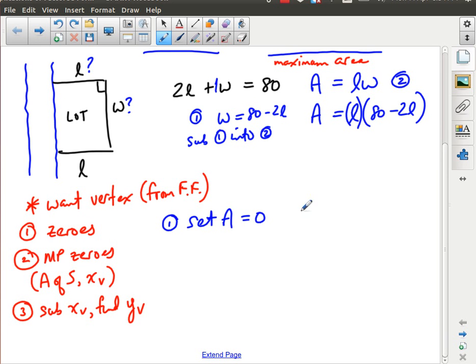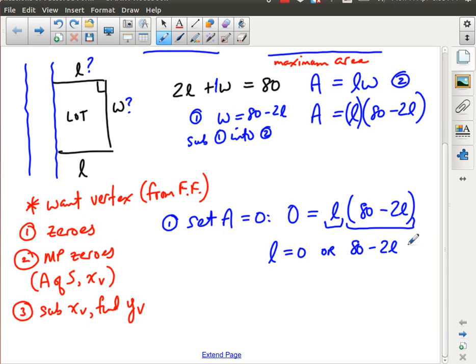And when I do that, I get 0 equals L times (80 minus 2L). I've got something times something, so this thing times this thing equals 0. The only way for that to happen is if L is equal to 0 or if 80 minus 2L is equal to 0.